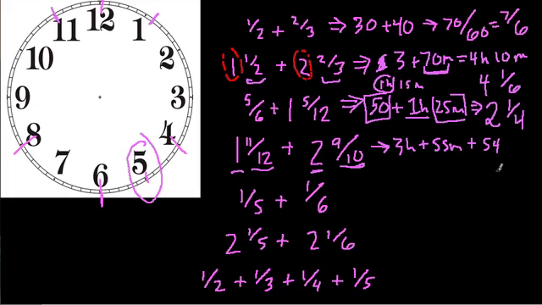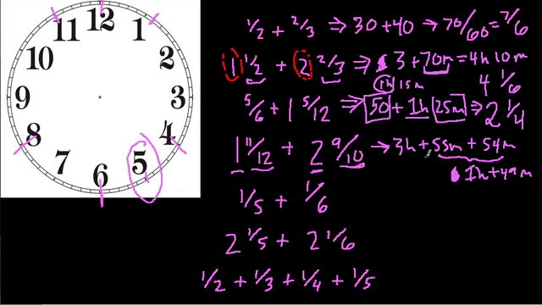Okay, we're getting through this. Now we combine the 55 minutes and the 54 minutes, and I get 109 minutes, which is like an hour and 49 minutes. 1 hour is 60 minutes, so 109 is 60 minutes or 1 hour, and what's left over is another 49 minutes.